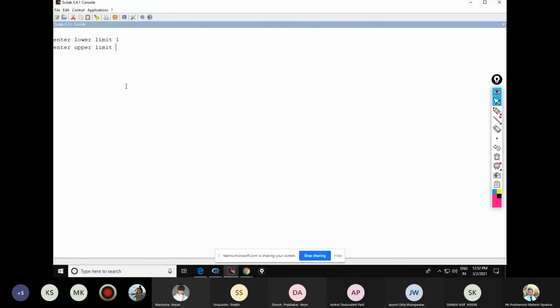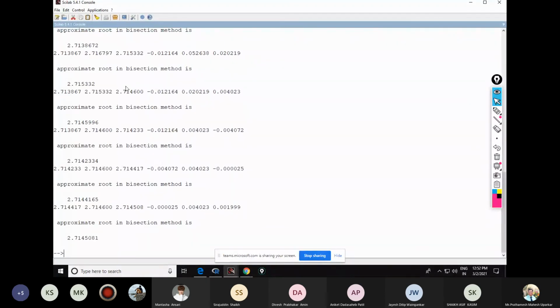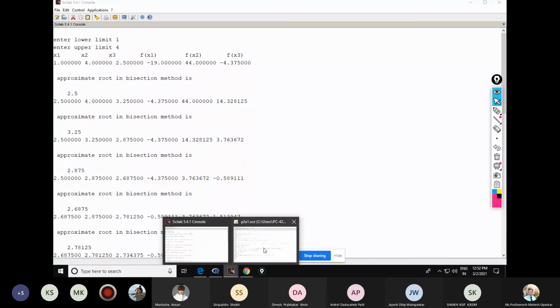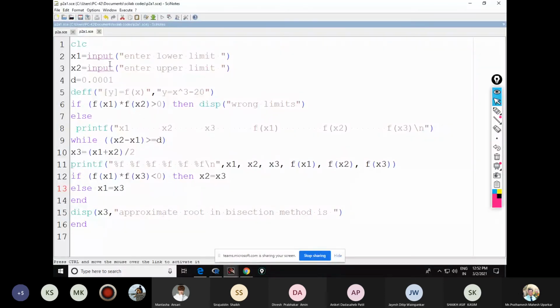Enter lower limit 1, enter upper limit 4. See here, I don't get the answer. Are you getting? I have done something wrong, I did not want such an output. What mistake have I done? Let us see, identify what mistake I have done.